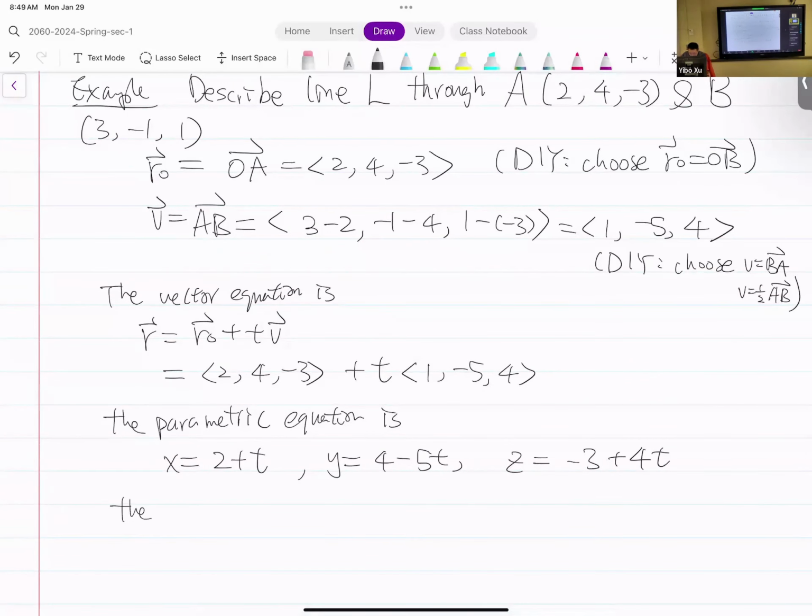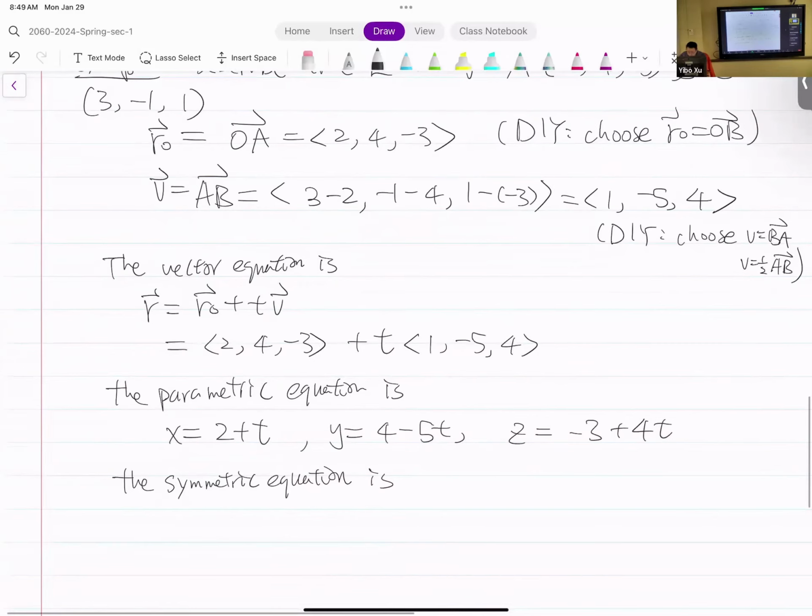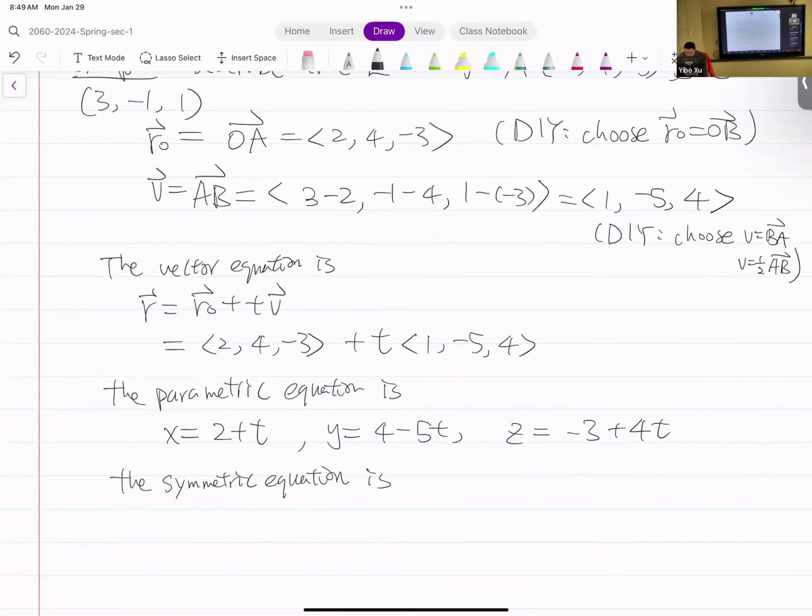And finally, we have the symmetric equation. For the symmetric equation, we just eliminate the variable t, right? So it's going to be x minus 2 over 1, that equals t from the first equation above, right?